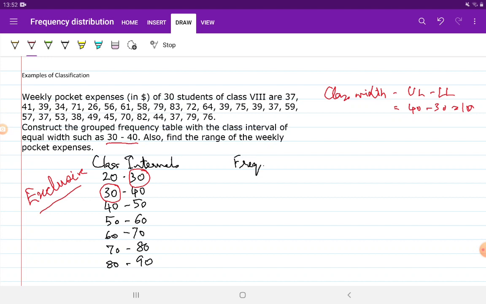Now, if you have an observation such as 30, remember you will always put it in the second class interval. Similarly, if you have an observation such as 70, you will put it in the class interval where 70 is the lower limit, right? So this is called the exclusive method of classifying data.